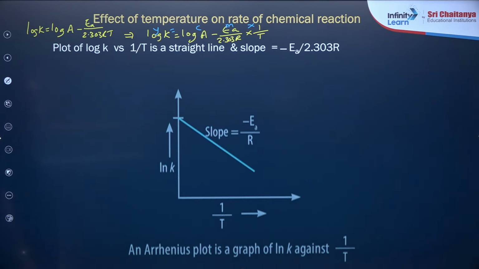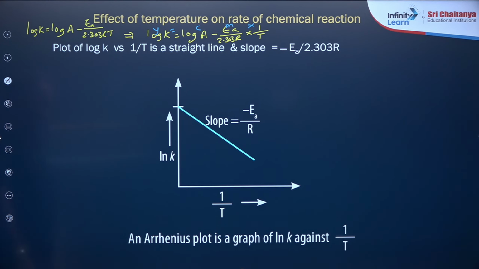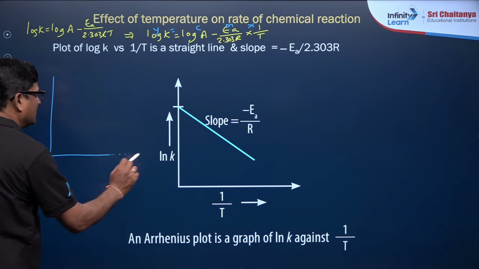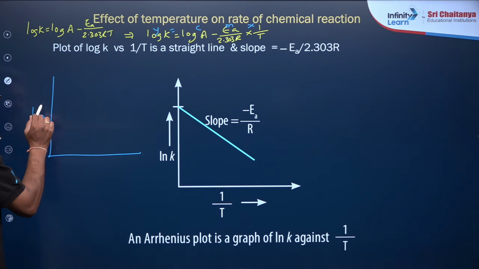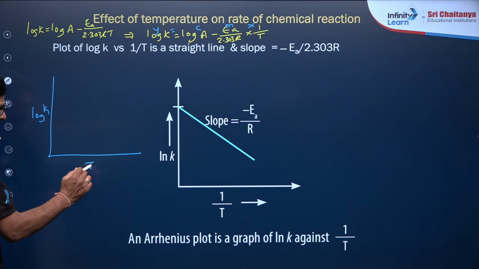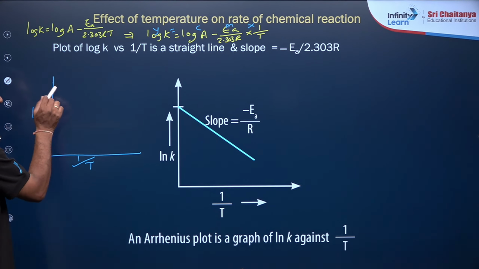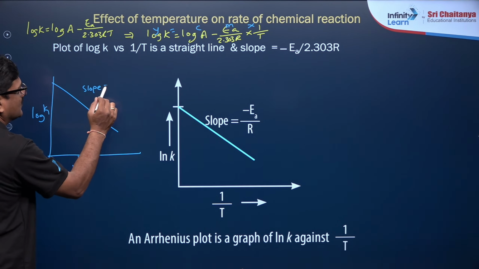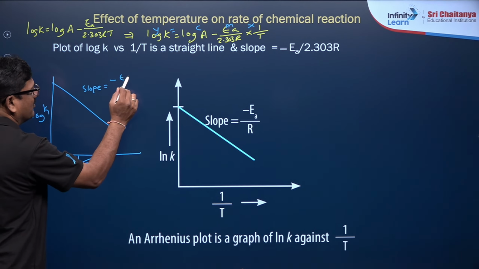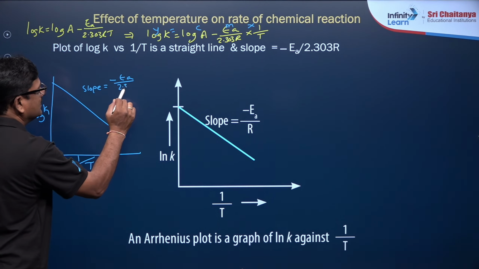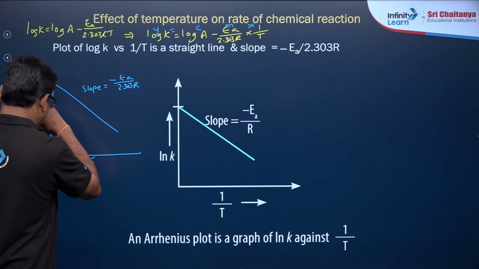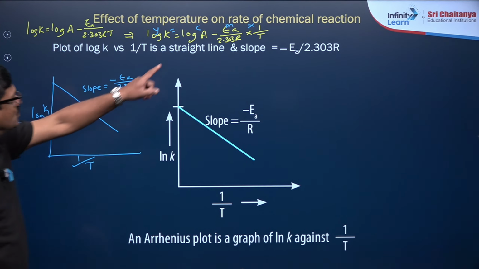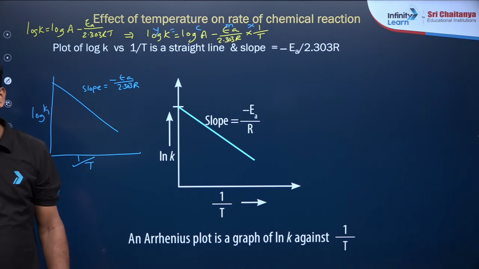So you are going to see a graph of log K versus 1 by T. You are going to get a straight line. The slope is going to be minus EA by 2.303 R.